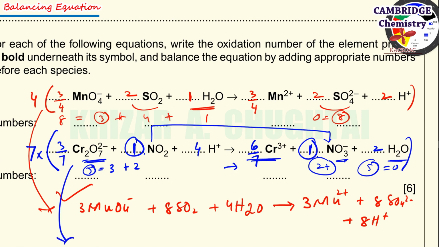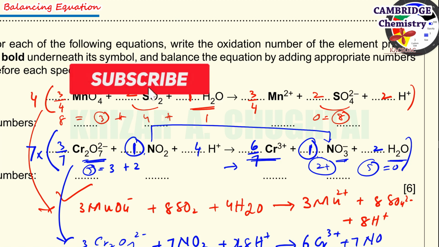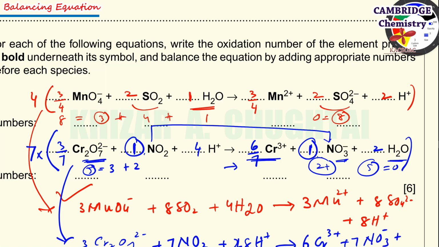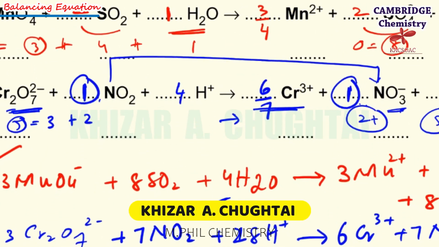Now I'm writing over here, 3 mole of Cr2O7 2 negative plus 7 mole of NO2 plus 28 mole of H positive ion goes to 6 mole of Cr3 positive plus 7 mole of NO3 1 negative plus 14 mole of H2O, and this is the balanced equation.